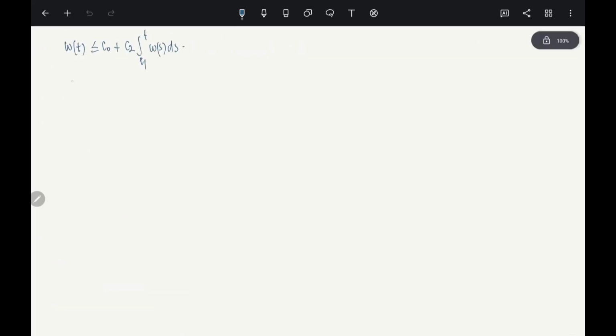Now, of course, again using Gronwall's inequality. As I told you, Gronwall is very, very important. This is one of the reasons we have w of t is dominated by C naught times exponential of C2 times t minus t1.